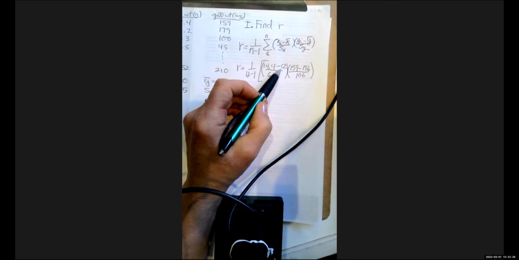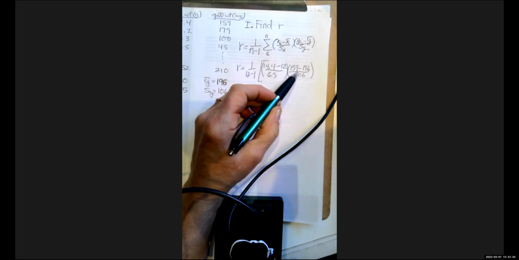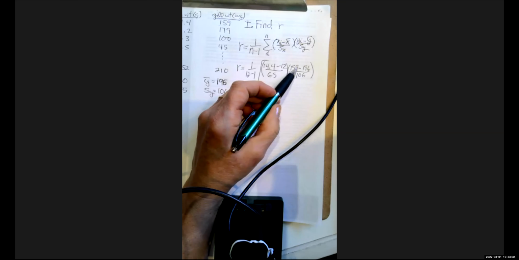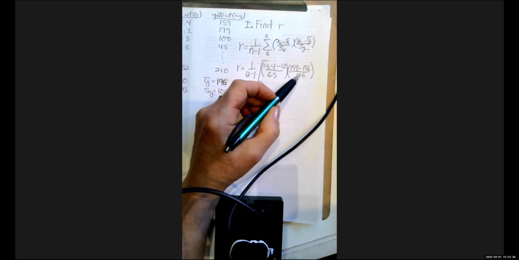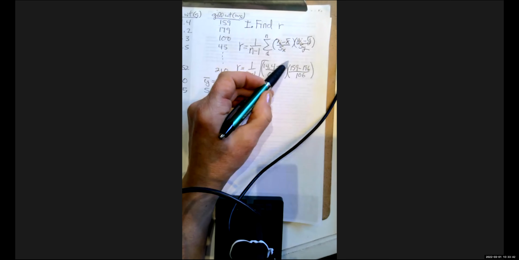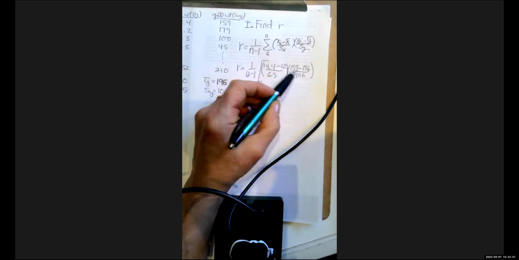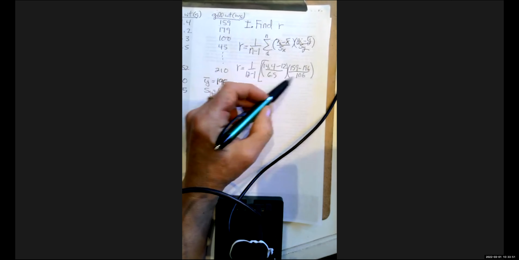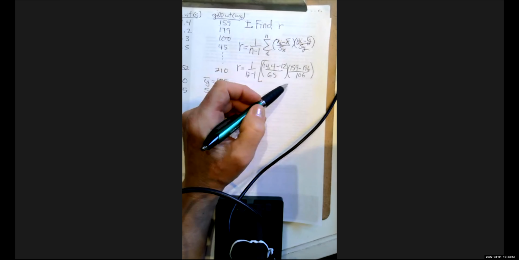So notice that some of these terms are going to be negative values. Some are going to be positive values, depending on whether the individual observation is larger or smaller than the mean. But instead of squaring these terms like we do to find the standard deviation, we're multiplying these two terms together. So we can have negative values if one of these terms is negative and the other is positive.